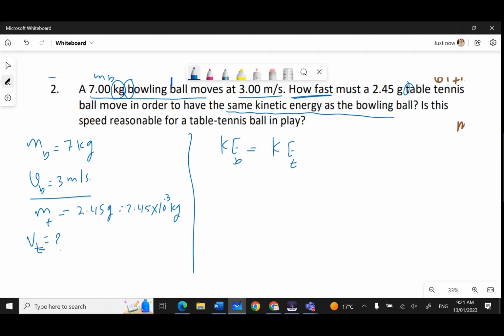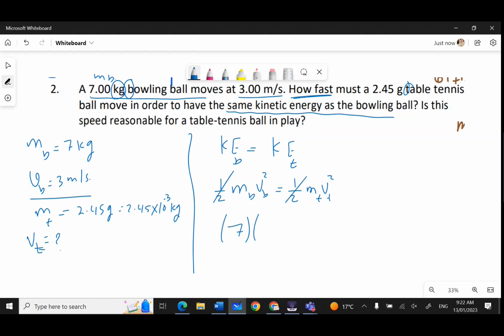Now write the formula. I have m for the bowling ball times v squared for the bowling ball equals half m v squared for the tennis ball. Half and half cancel each other out. Now just substitute. This is 7 times, you open a bracket when you multiply.